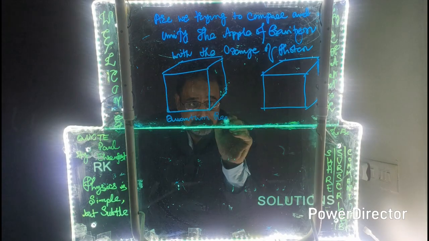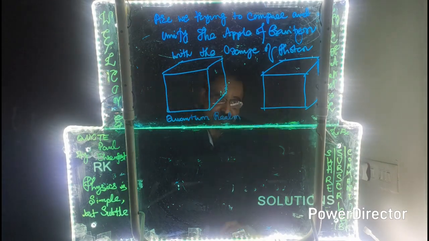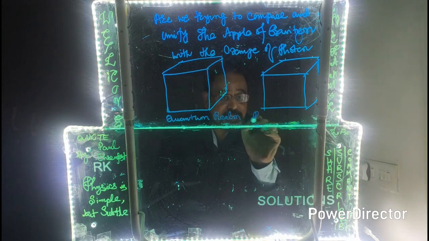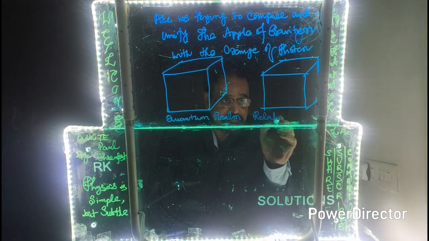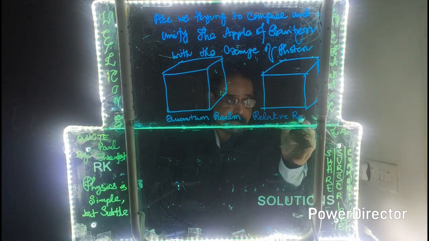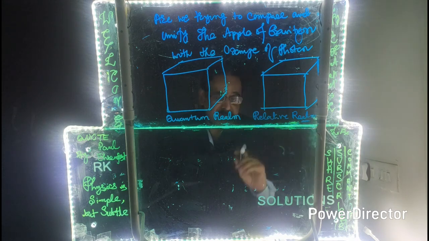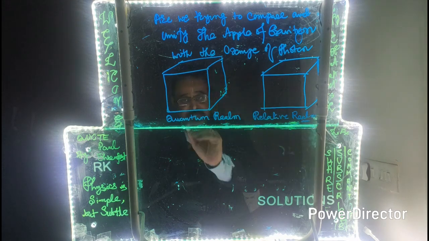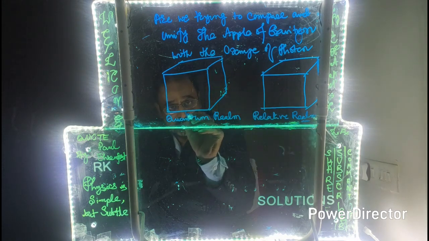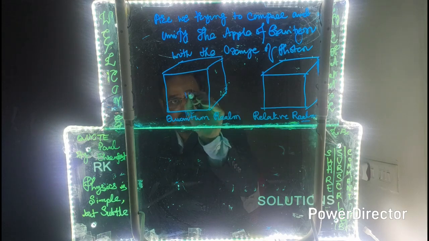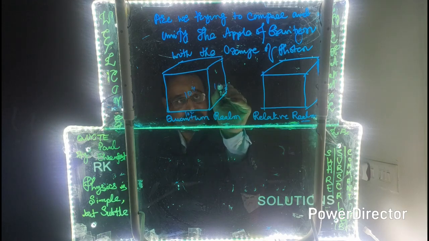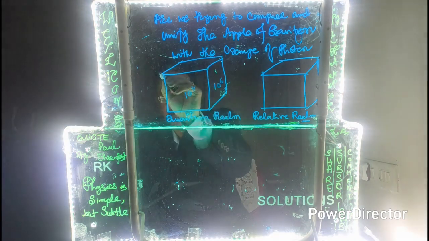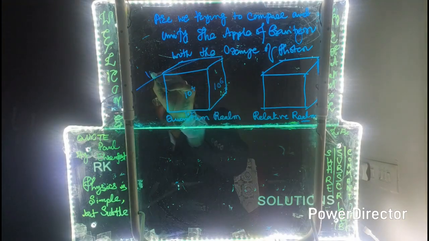Let's say this is the relative realm. In the quantum realm, I started with 10 squared, 10 raised to 4, 10 raised to 6, and overall it was 10 raised to 8.